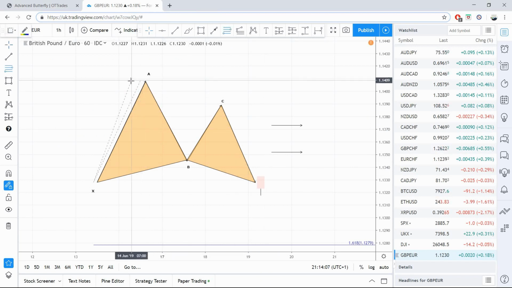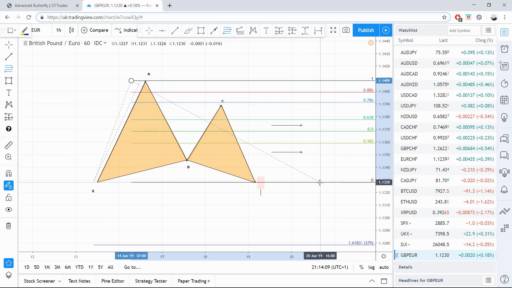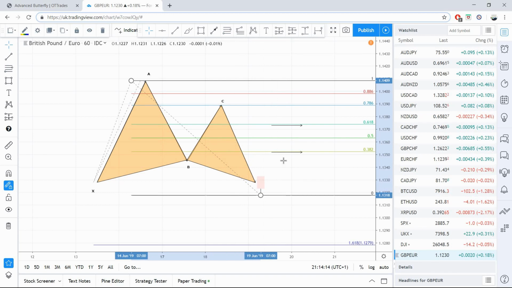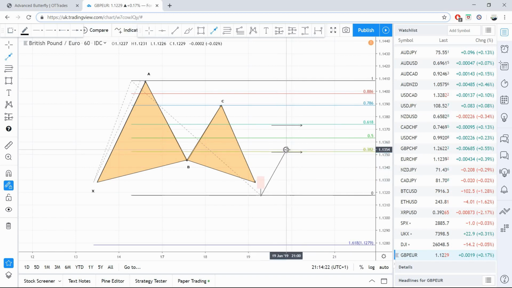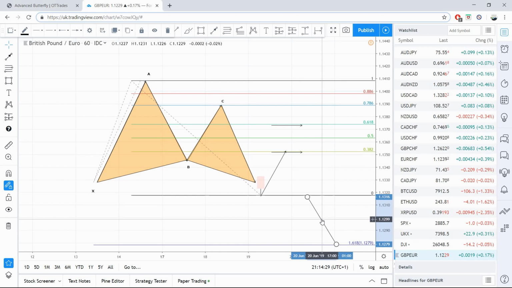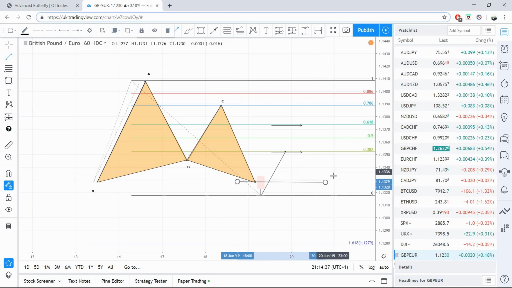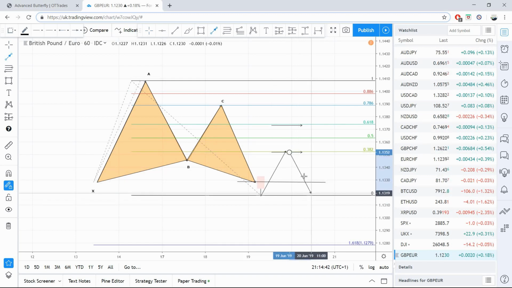So once we've entered this trade, we've entered at a limit order at the D point, price has moved against us, so we've stretched our Fibonacci retracement lower, price has then moved higher, it's hit our initial profit targets, we've then moved our stop loss from the 0.618 level here up to break even, or our entry point, so that's going to be at the D point. So our stops are now here, so price may then retrace back down and cut us out at break even.